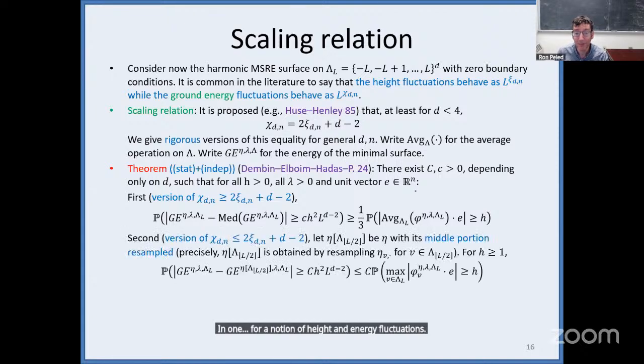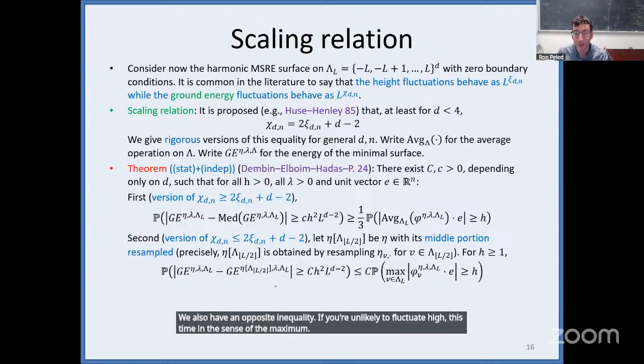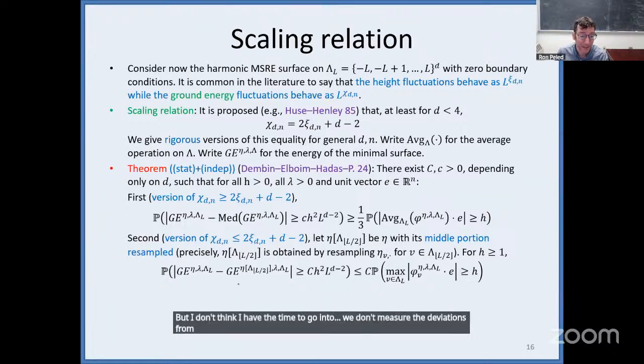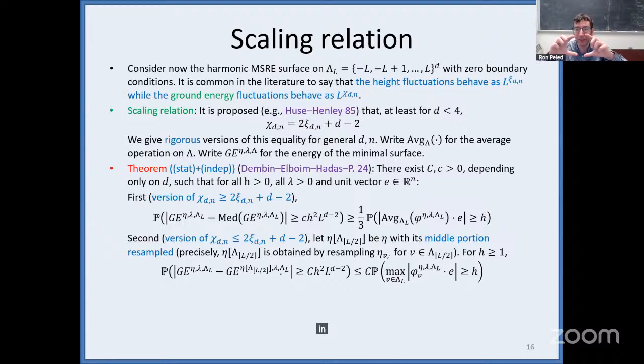We also have an opposite inequality. If you're unlikely to fluctuate high, this time in the sense of the maximum, then you're also unlikely for the energy to make a large deviation in a somewhat different sense that we think is essential, but I don't think I have the time to go into. We don't measure the deviations from median. We measure the deviations after resampling the disorder in half of the domain, in a concentric half.